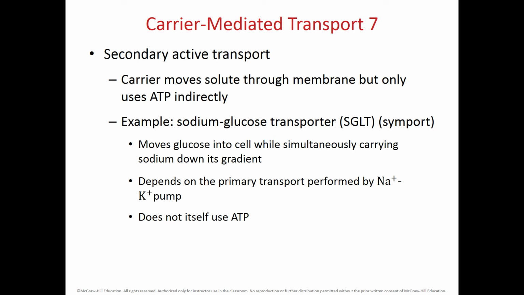This depends on the primary transport performed by the sodium-potassium pump, and the symport itself does not use ATP. But since you are relying on the primary transport performed by the sodium-potassium pump, you will use ATP, because this pump requires ATP to kick the sodium out of these intestinal cells.